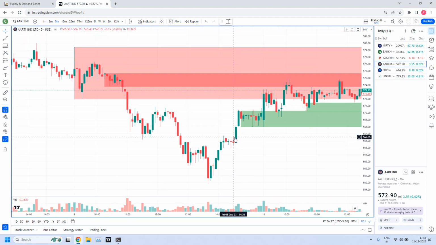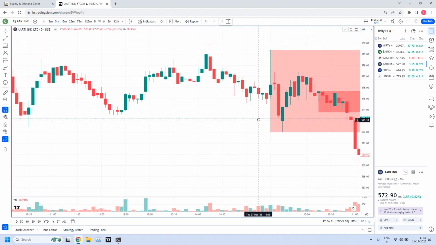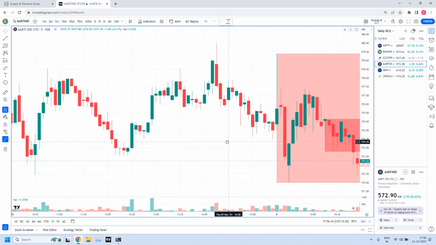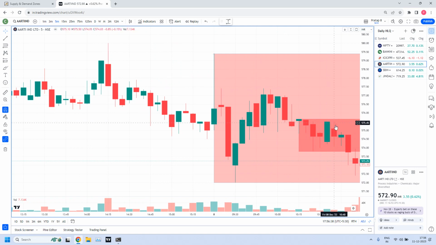Now inside the 5 minutes time frame, you will be in a position to identify a zone in a better way. See, now we have a rally candle, two base candles and a drop candle. Now I can draw my 5 minute zone something like this.